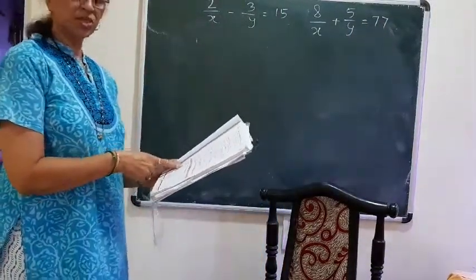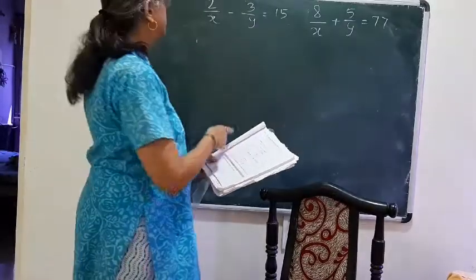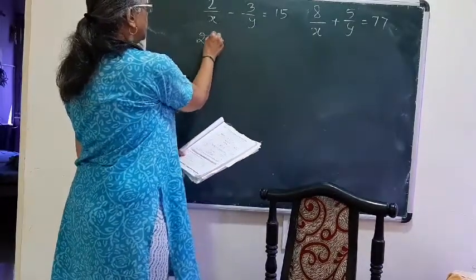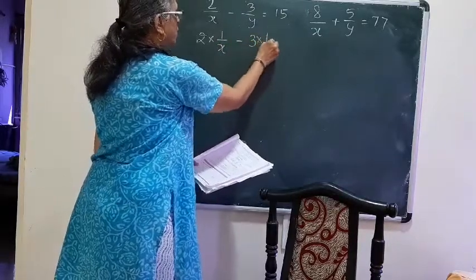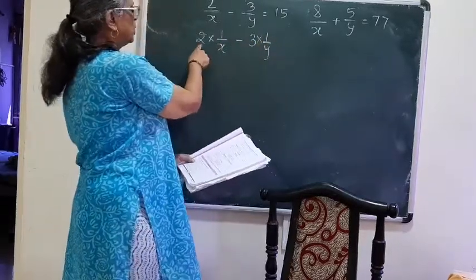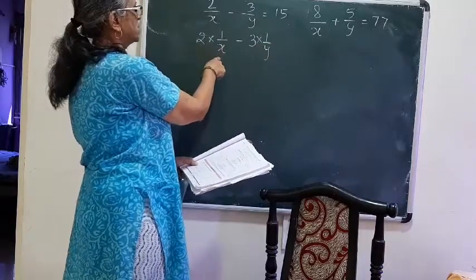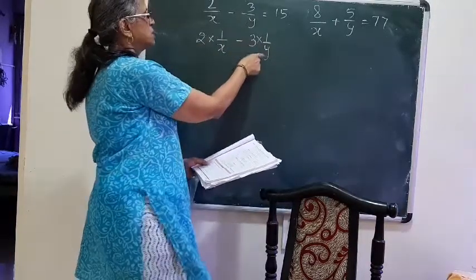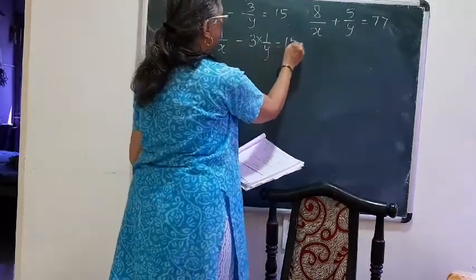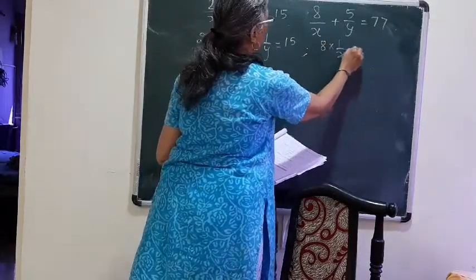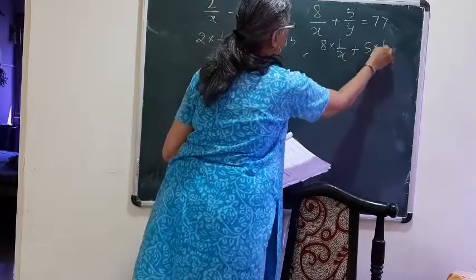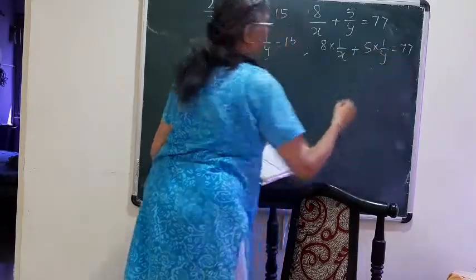Now in this equation, first you can write 2 into 1 upon x minus 3 into 1 upon y equal to 15, and here also 8 into 1 upon x plus 5 into 1 upon y equal to 77.